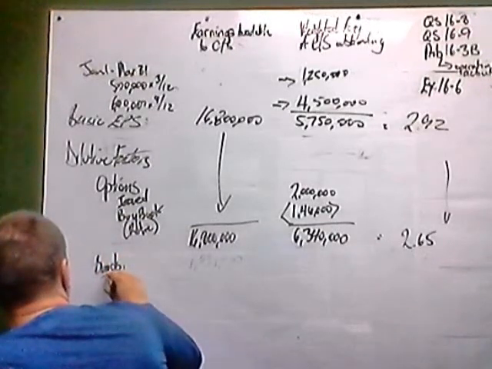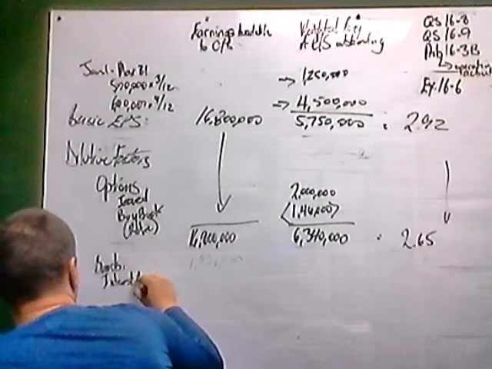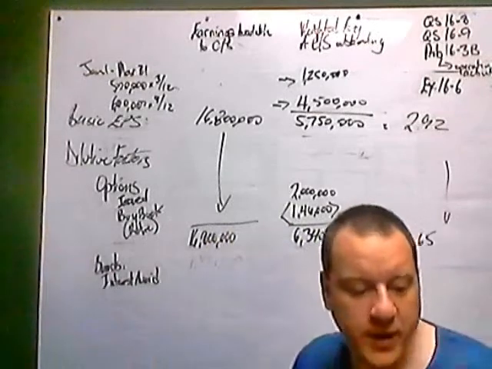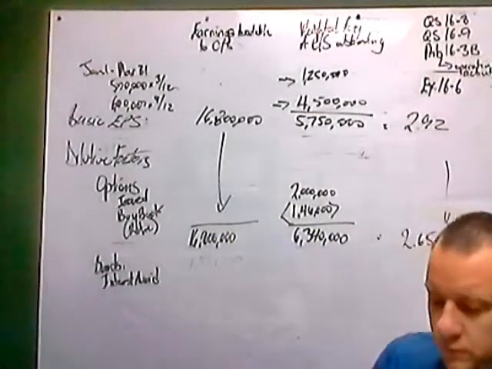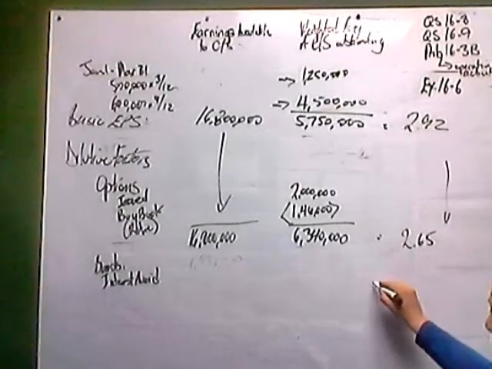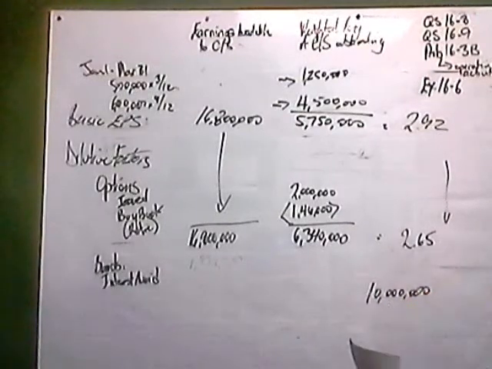First of all, we want to start looking at our interest avoided. How much interest did we avoid paying? Well, we have $10 million in convertible bonds. They are units of 100.